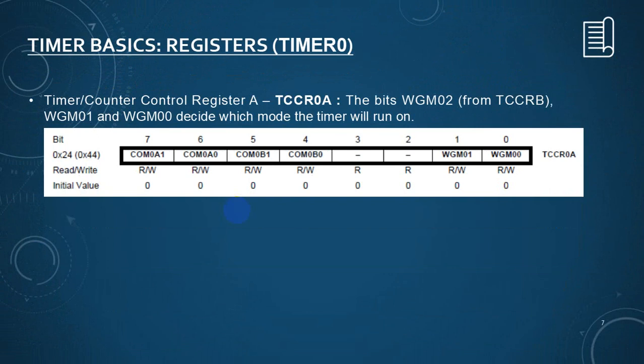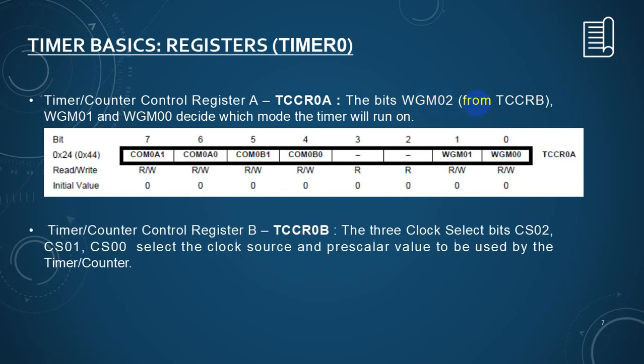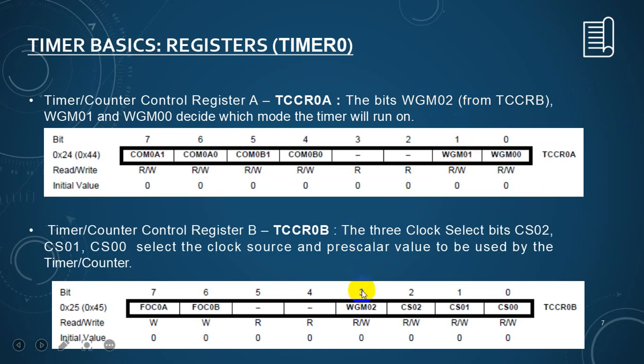Timer counter control register A, TCCR0A: the 0 is for timer 0, this is the A register, and it is an 8-bit register. The bit WGM02 comes from the TCCR0B register.